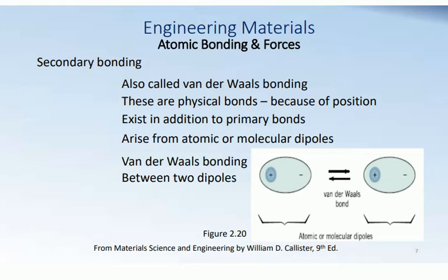Of course, they are weaker in their strength, so they are not as apparent in the presence of primary bonds, but they do exist and they affect physical properties of the material. So these arise because of the atomic or molecular dipoles that exist in materials, or they arise because of some external effect, as we will study in the next couple of slides.